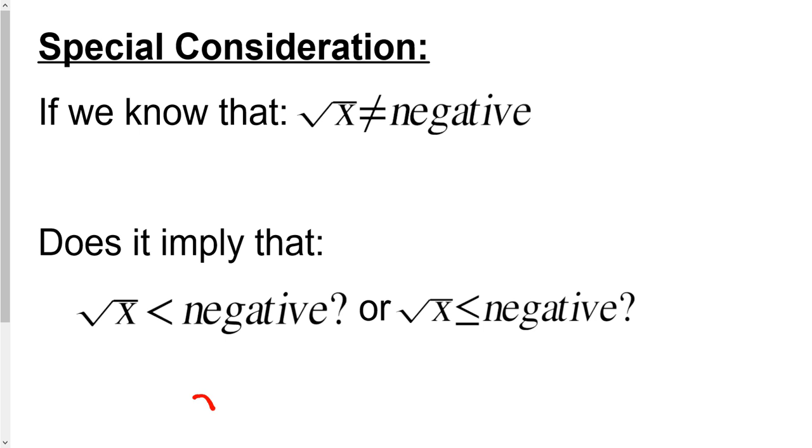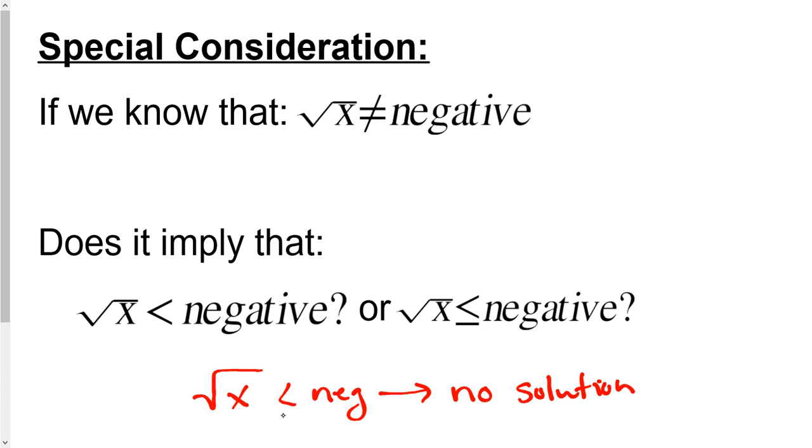Because the square root of something, if it is less than a negative, will result in an inequality that has no solution, okay? A radical cannot be equal to a negative, so the implication is that it can't be more negative either.